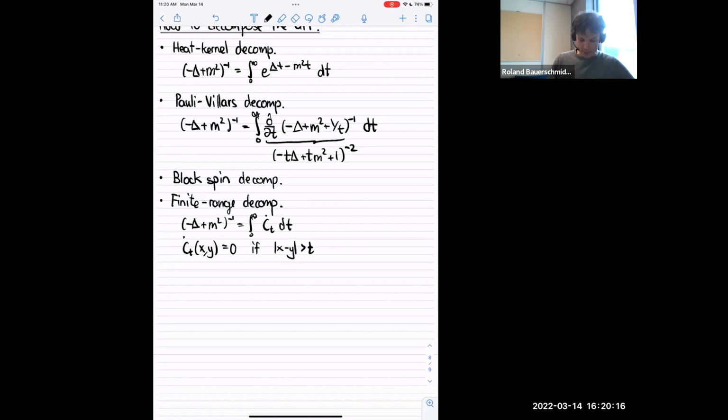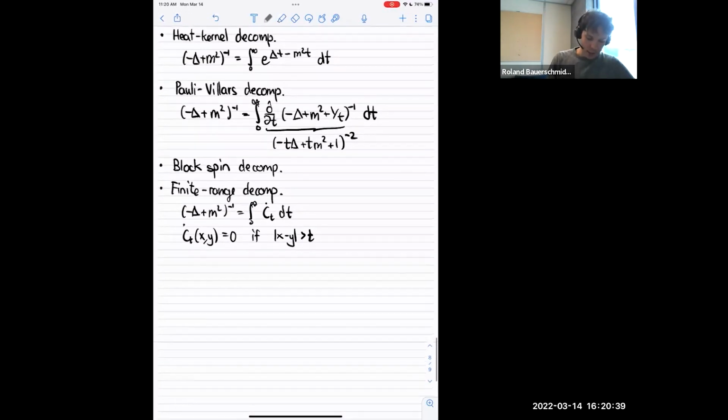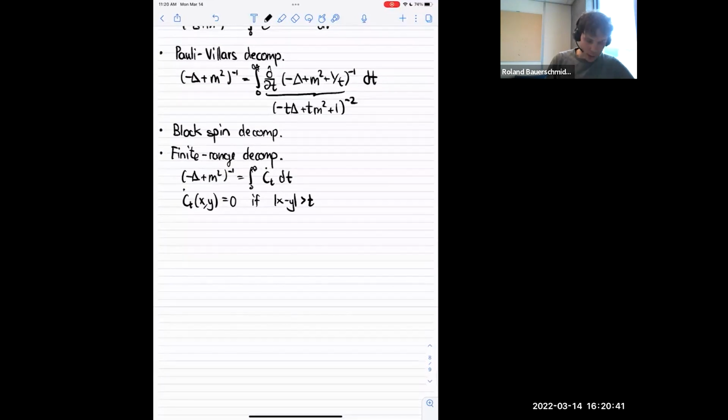So note that the heat kernel, the Green's functions, and the Pauli-Villars decompositions all have approximate versions of this locality property, but not exact. So for example, for the heat kernel decomposition, you essentially have a Gaussian tail. But it turns out you can make this exactly 0. That has technical advantages. You can also use what I guess would be called a momentum space decomposition.